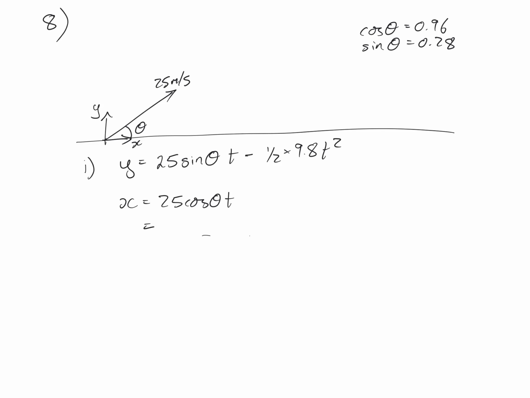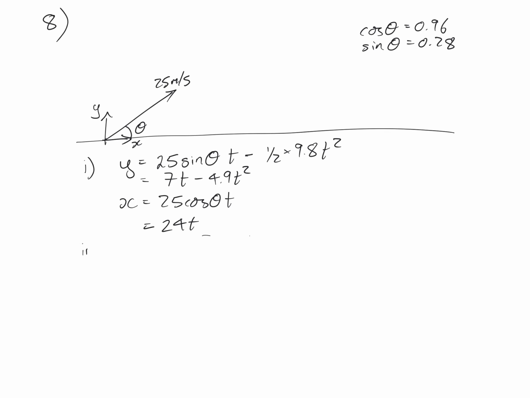We know what those values are, so let's do the x one first. 25 times 0.96 is 24 t. Y is 25 times 0.28, which is 7, t minus 4.9 t squared.